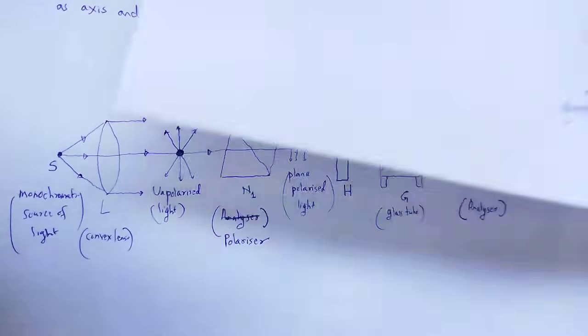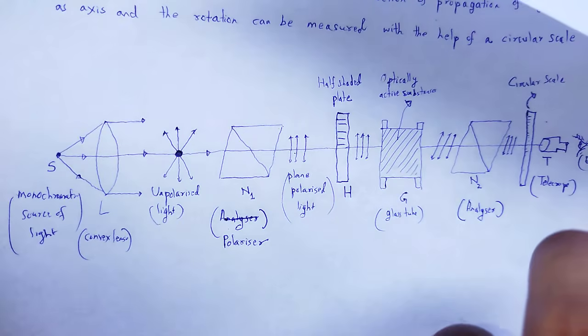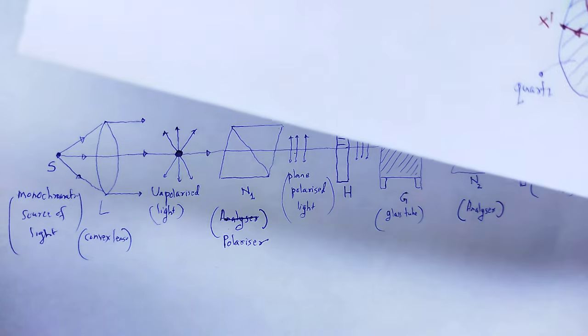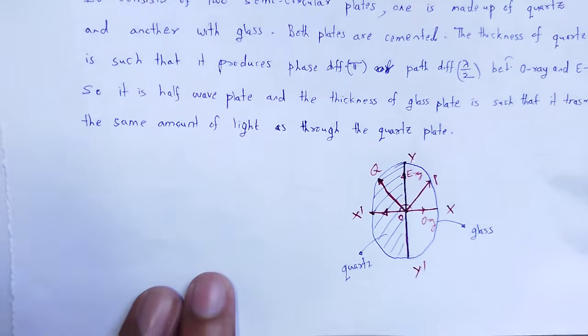On that basis, by arranging these two, we can easily point out the point at which we see minimum intensity or zero intensity.